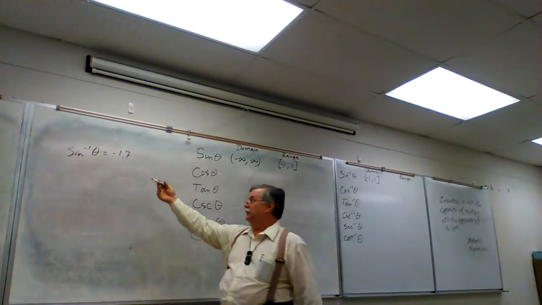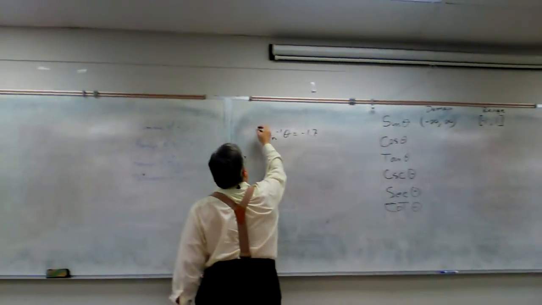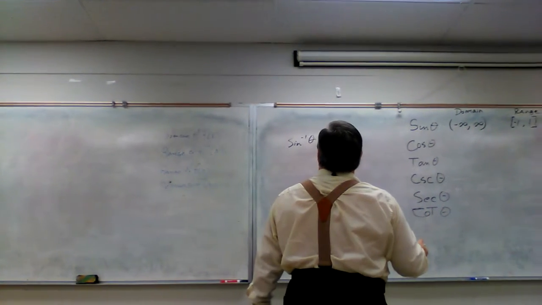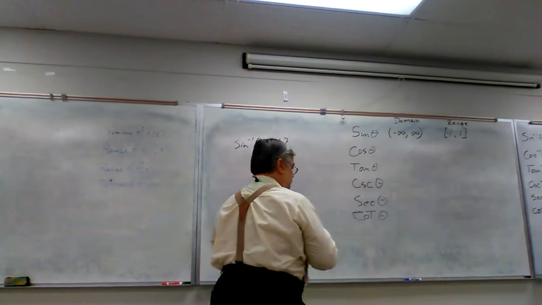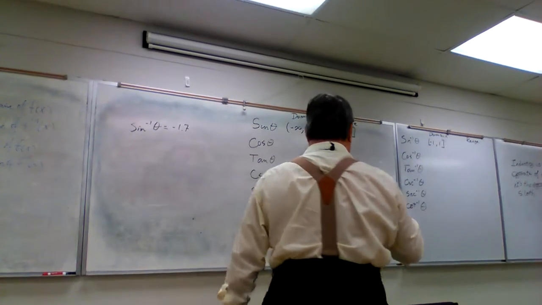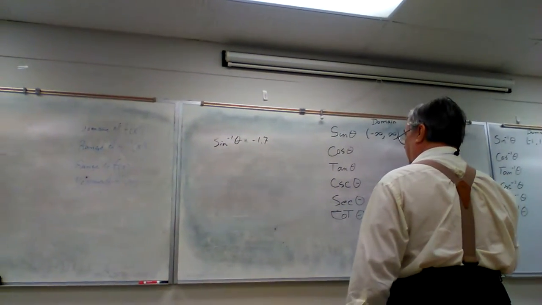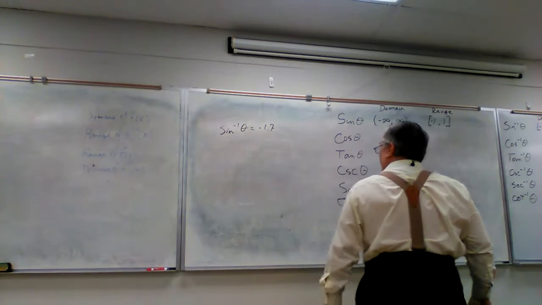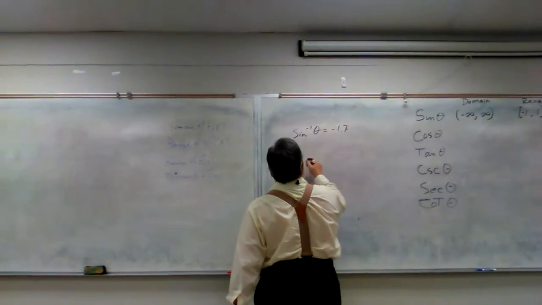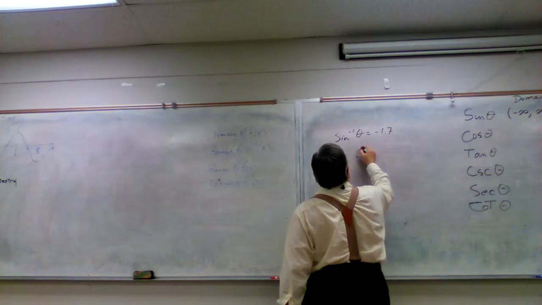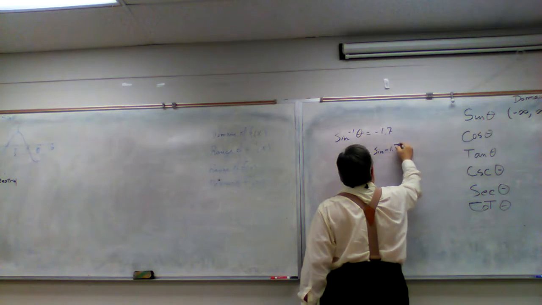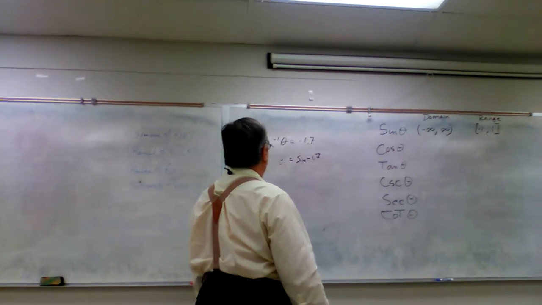That's saying that if you take the sine, let me think this through, because I don't want to confuse you. The inverse sine of theta is minus 1.7 would mean that theta is equal to the sine of minus 1.7, and that is perfectly acceptable.